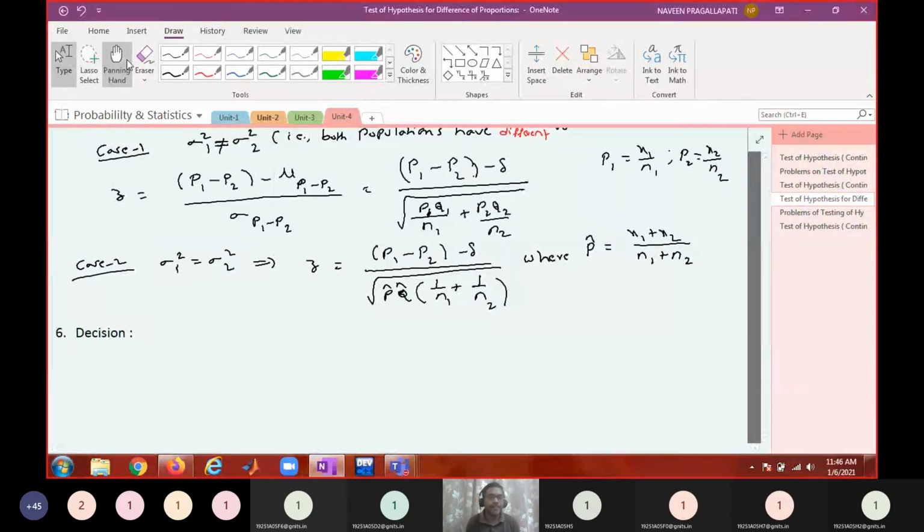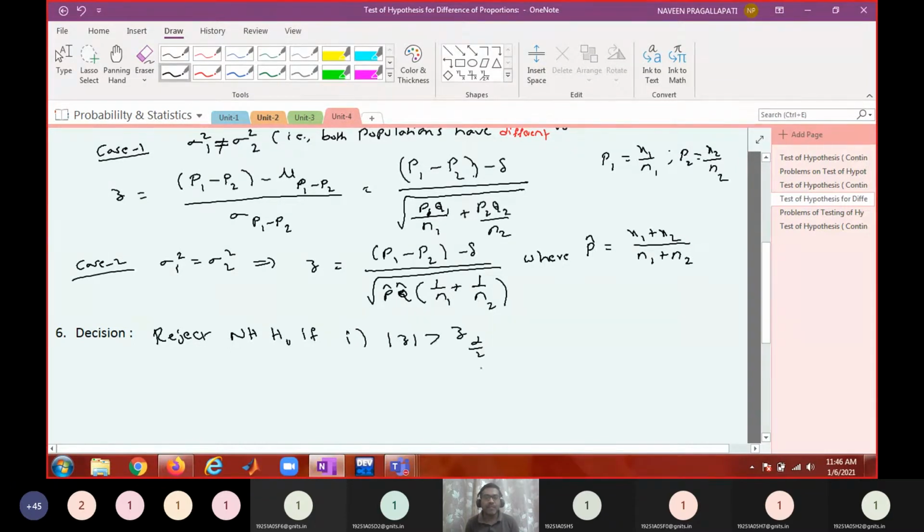Reject the null hypothesis H0 if, first, modulus of z greater than z alpha by 2 in case of two-tailed test, and this is common for all the tests; z greater than z alpha, right one-tailed test; and z less than minus z alpha in case of left one-tailed test.